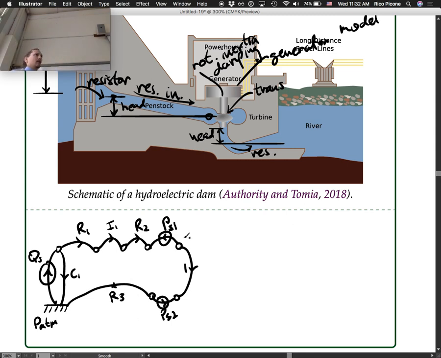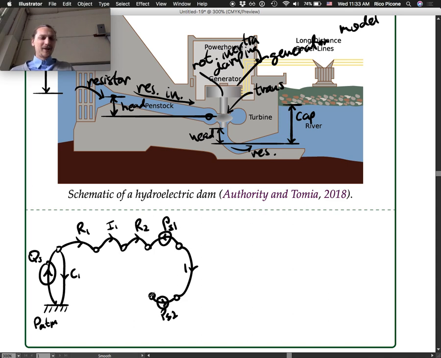Okay. Would we not model the capacitance of the river? Oh, thank you. That's what I'm forgetting from my notes. So the river's got some head too, right? But it's not just a stationary one. The level changes. So we've got to model it as a capacitor. Good call. Thanks. There's something wrong.